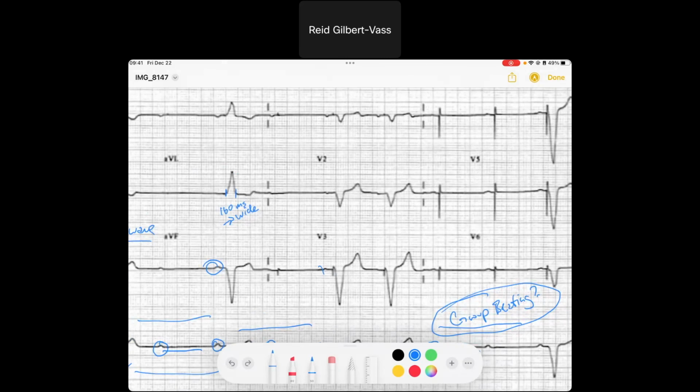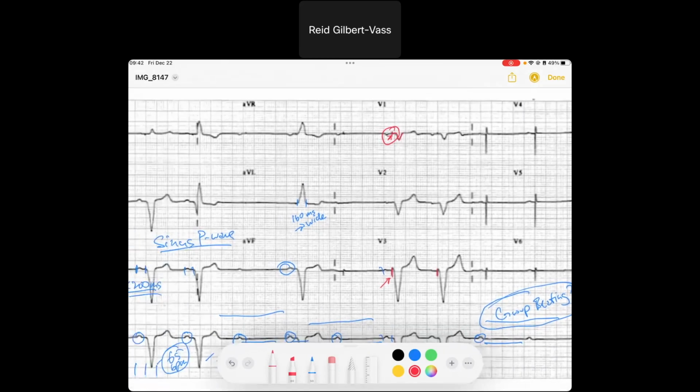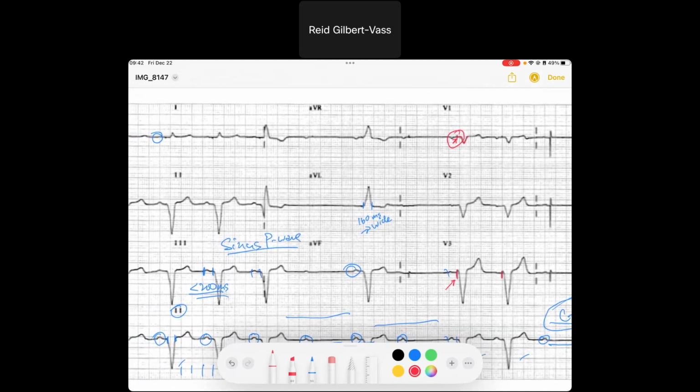Before this QRS, I see this little spike. I see this spike right here in V3. Interesting. And I even see it maybe up here in V1. You see that little spike just before this QRS. You can even see it up here in lead 1.